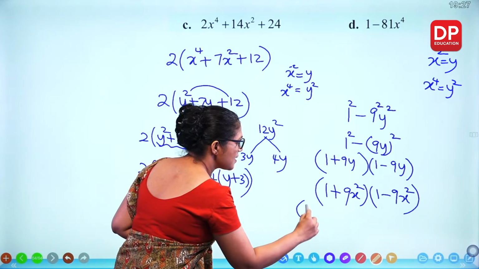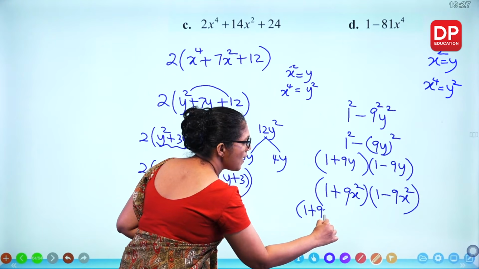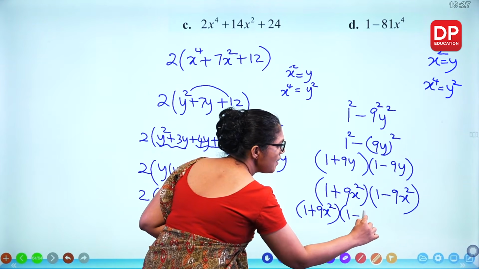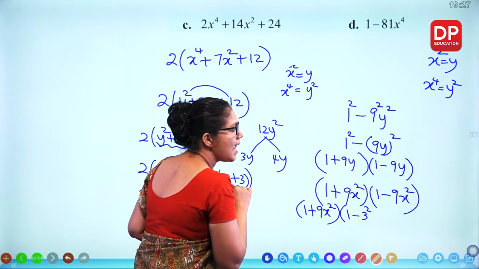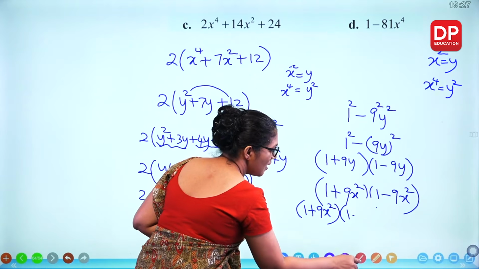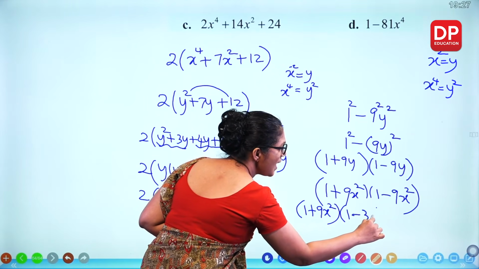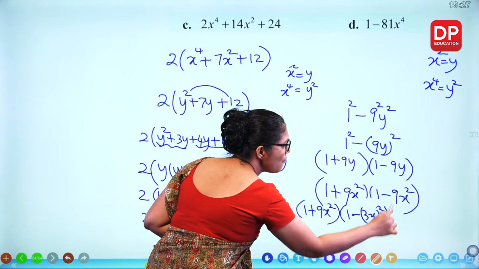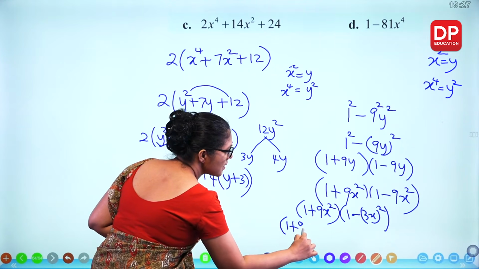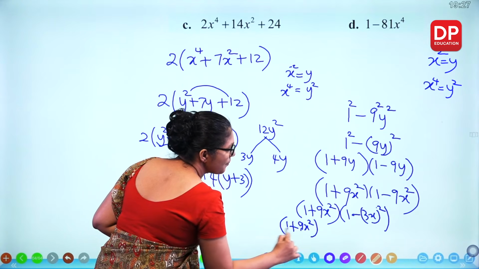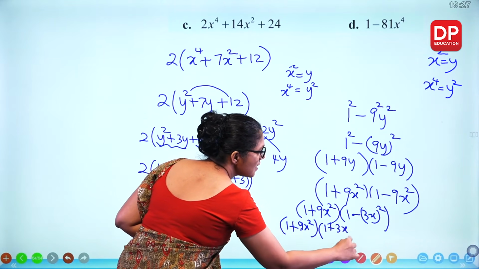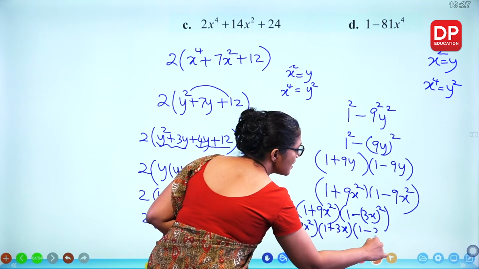Here the first term you can't factorize because a plus sign is in the middle. But here again we can factorize. I can write 3x whole thing squared instead of 9x squared. And what are the factors? 1 plus 9x squared, and 1 plus 3x and 1 minus 3x, one is plus and the other is negative.